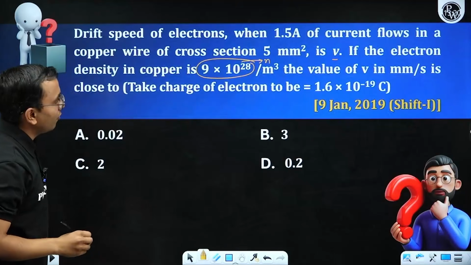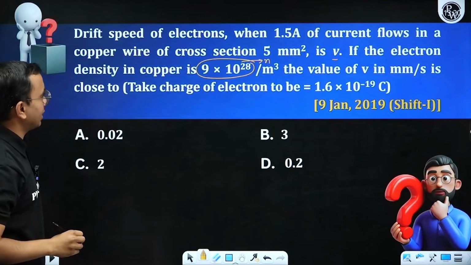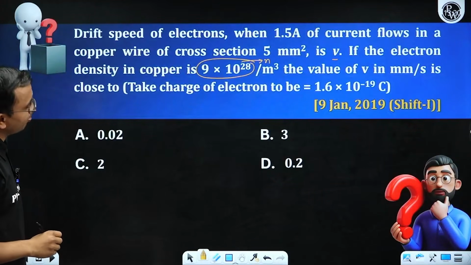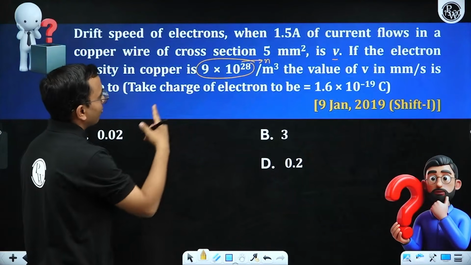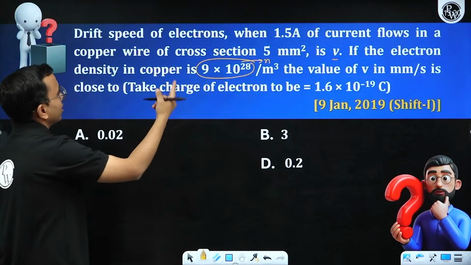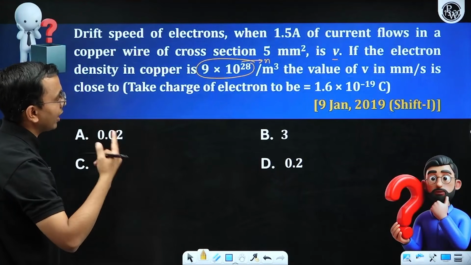The value of V in mm per second is close to, okay, so current is given, area of cross section is given, n is given, I need to find V drift.